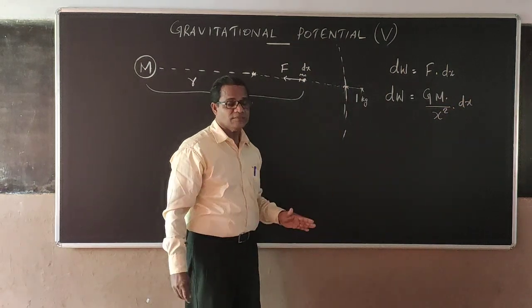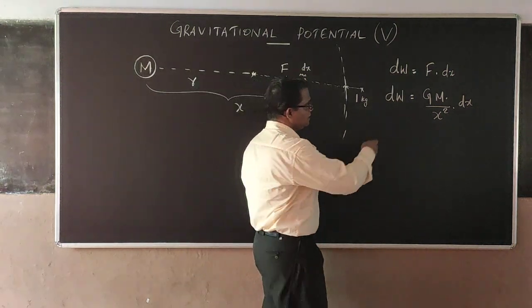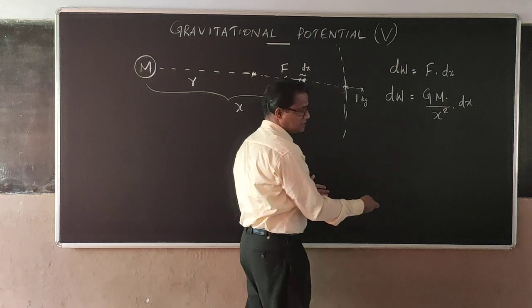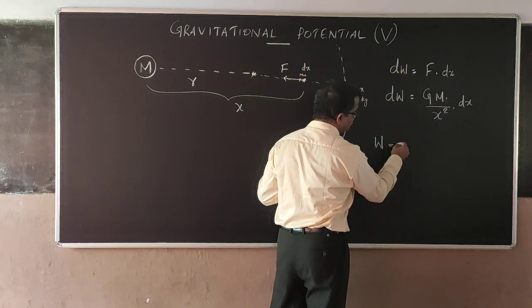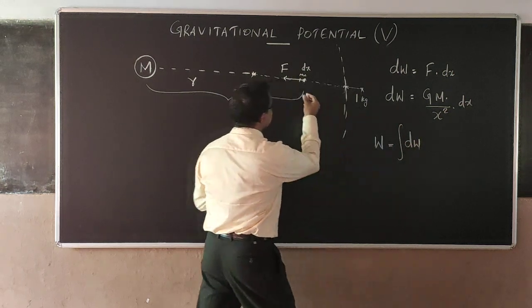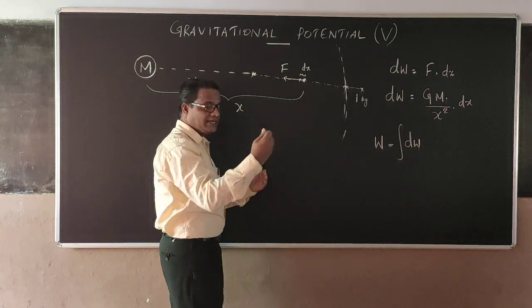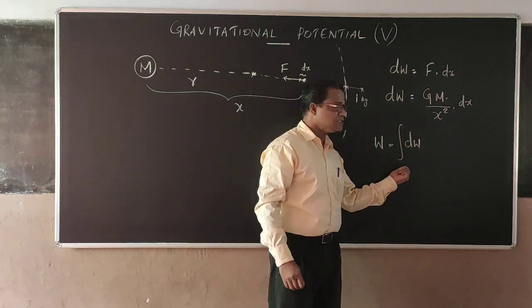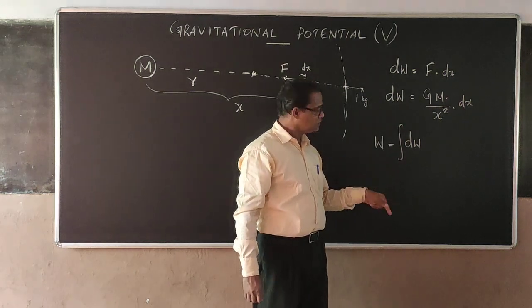These are the mathematical steps. I am not confusing you people. As you bring it like this, finally you want to find the total work done. That will be equal to the integral of dW, meaning I will be taking all the small work done from here to here and adding it up. That small addition process from one place to another is called integration.